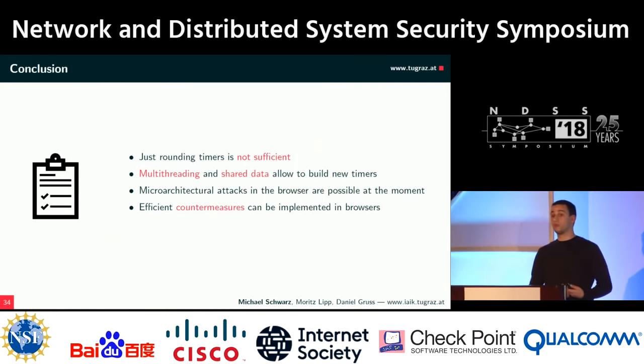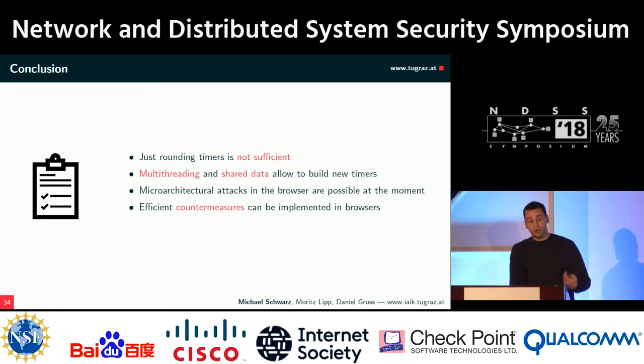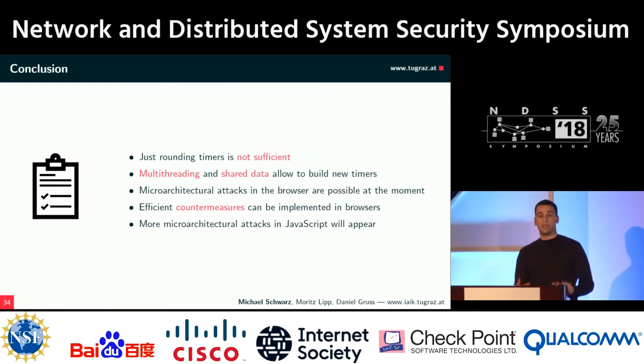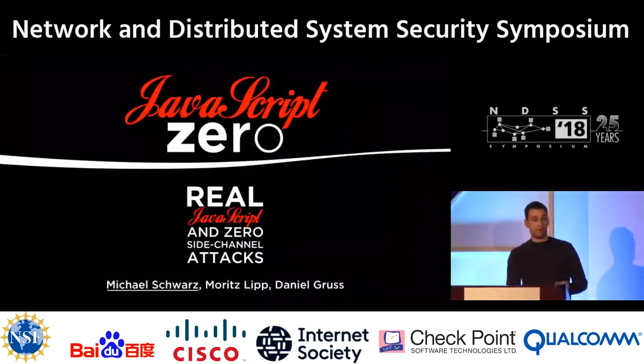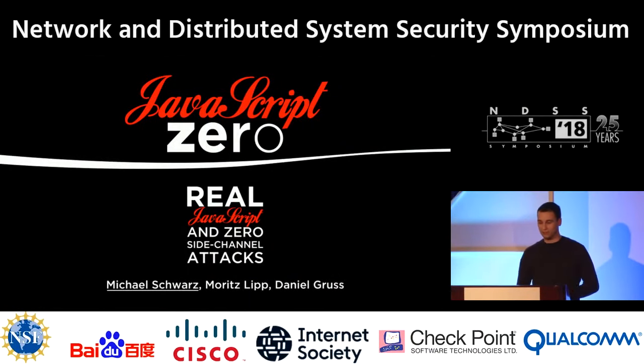We need a lot more protections, but they can all be implemented even in the browser, and they make all of the attacks impossible, and also future attacks a lot harder. And we expect to see a lot more microarchitecture in JavaScript in the future, so we need these countermeasures to be applied. Okay, so thank you.